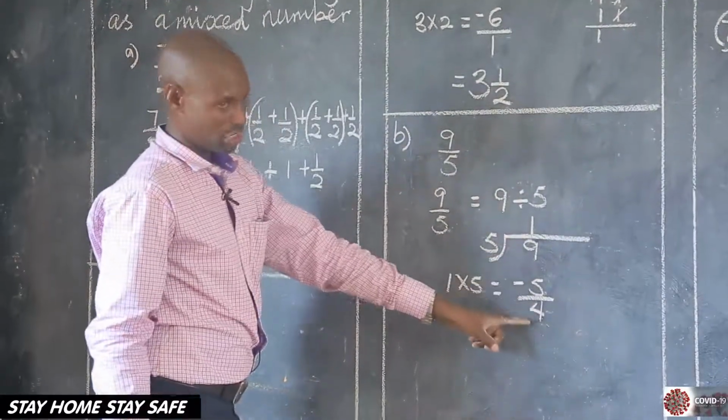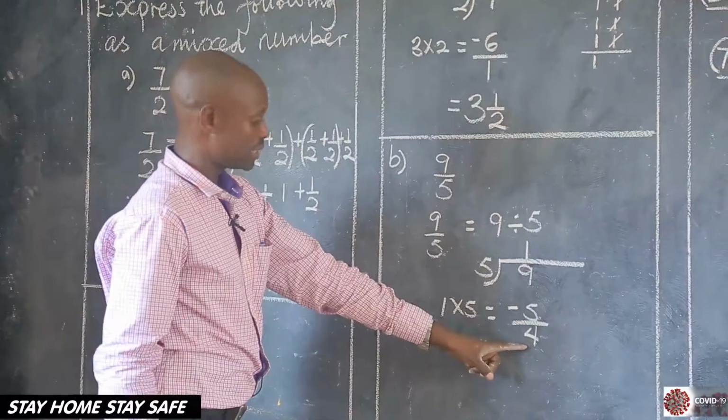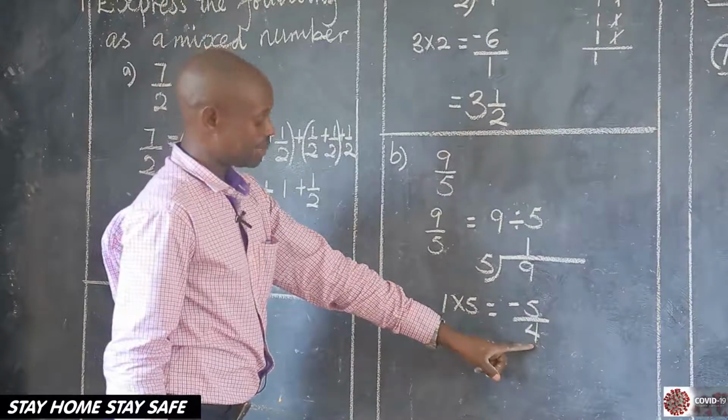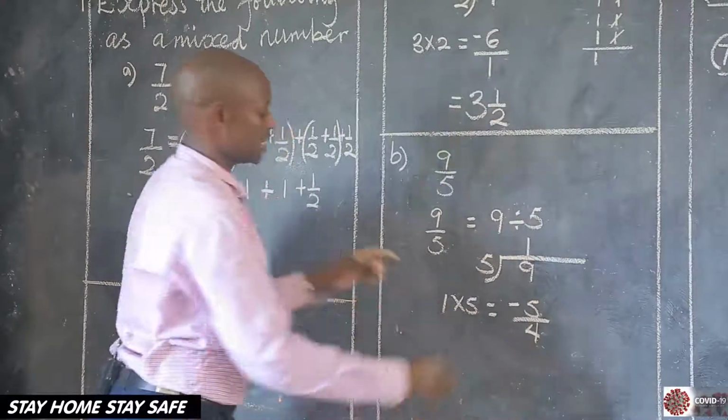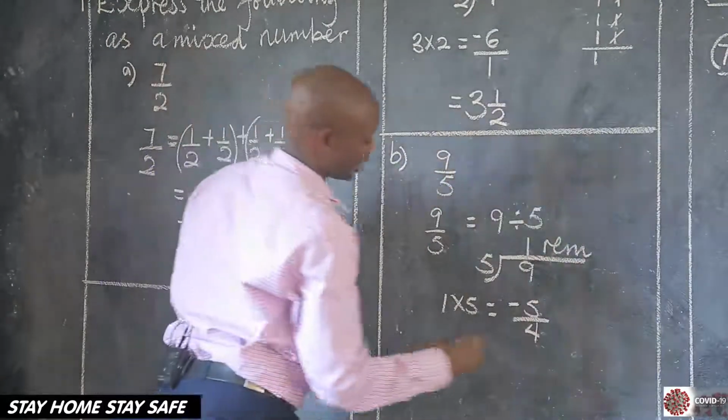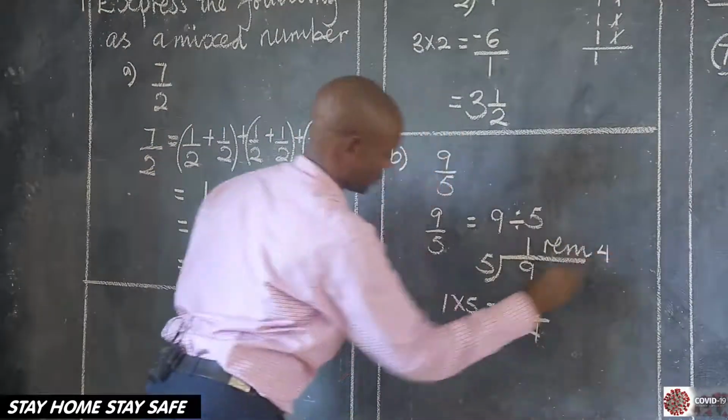4 and 5, which one is bigger? 4 is smaller than 5. So the moment this number is smaller, then it becomes the remainder. So the remainder is going to be 4.